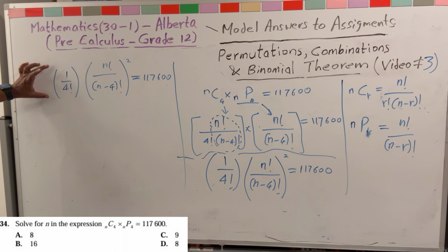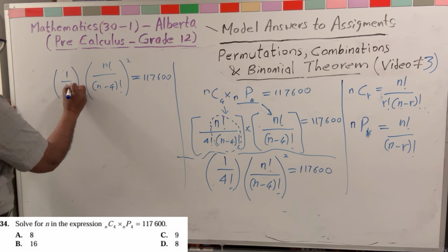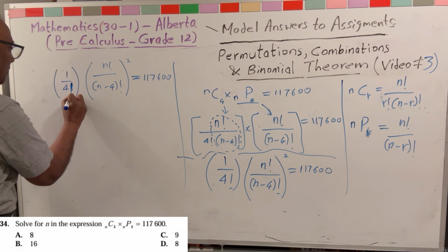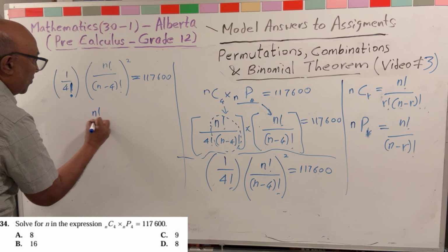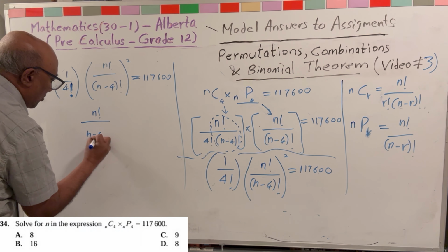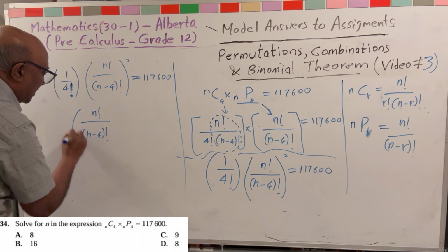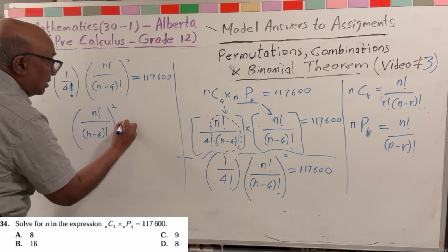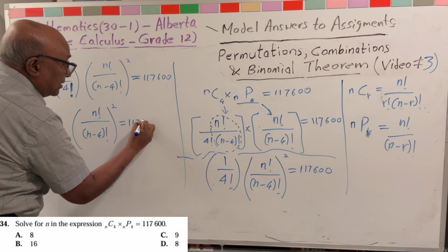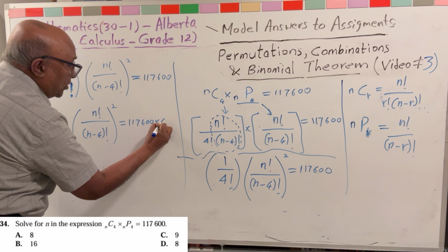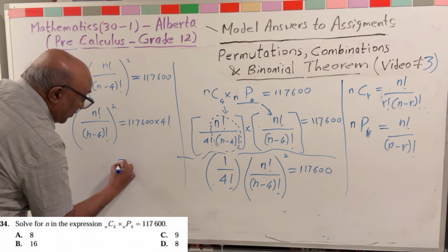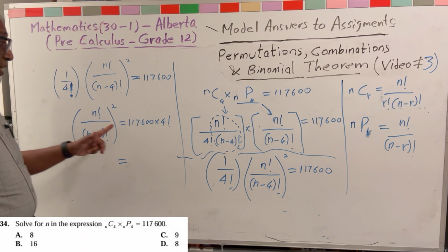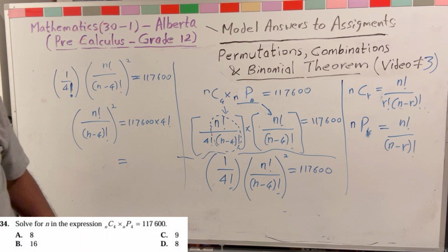That means let's multiply both sides by this denominator, factorial 4. n upon n minus 4 factorial, whole thing squared, equals 117,600 times factorial 4. Let's calculate this number from the calculator.